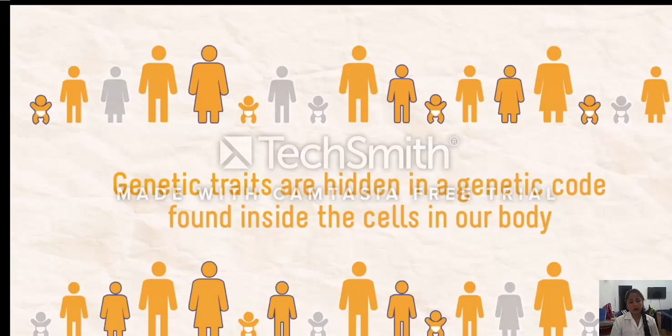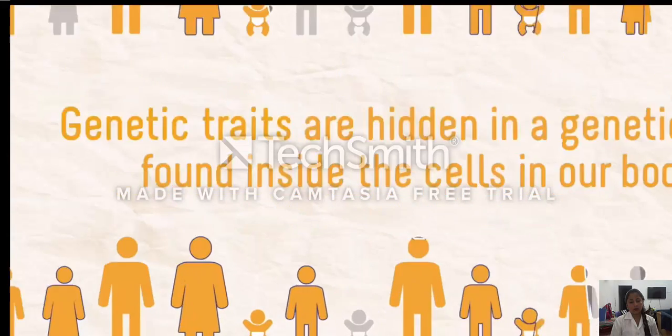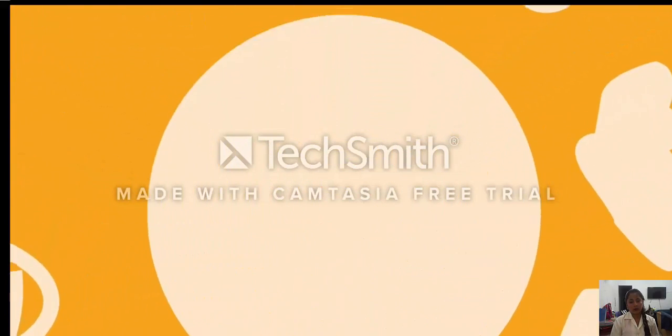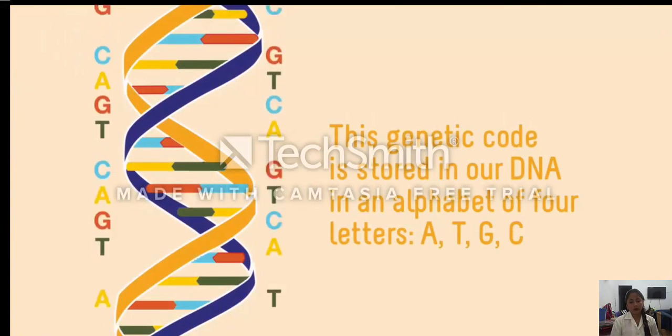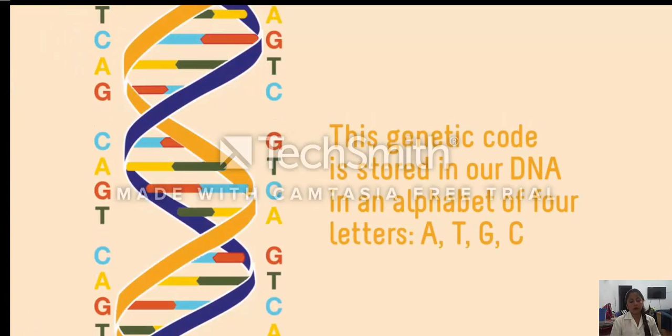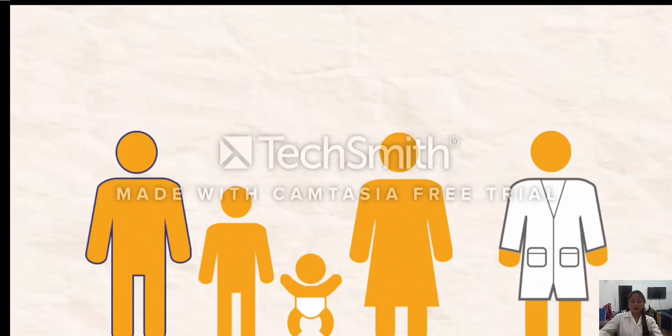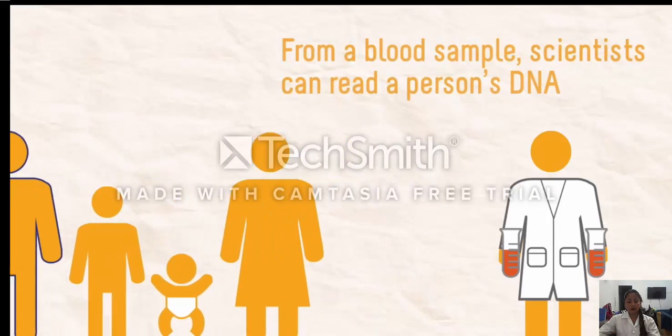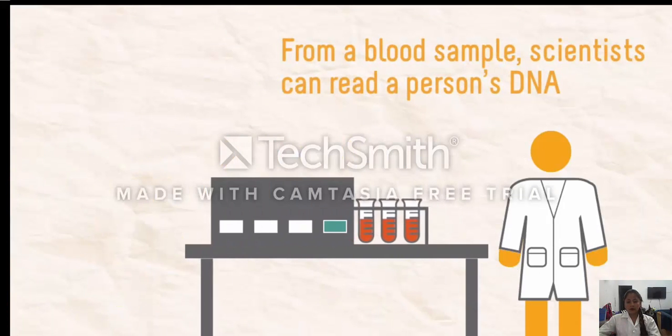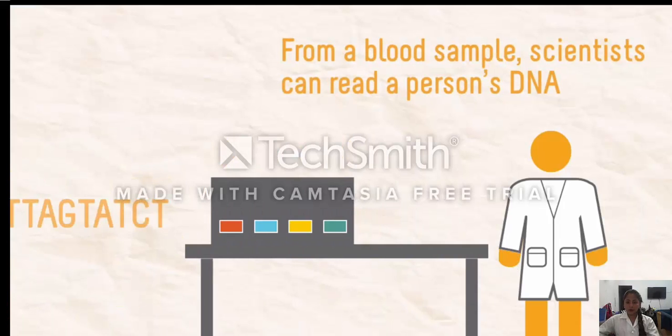Genetic traits are hidden in a genetic code found inside the cells in our body. This genetic code is stored in our DNA, in an alphabet of 4 letters: A, T, G, and C. From a blood sample, scientists can read a person's DNA.